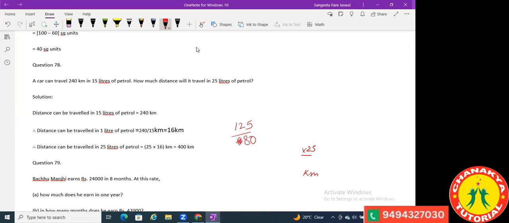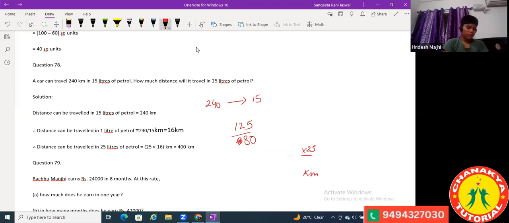What are you doing? The question says the car travels 240 kilometers in 15 liters of petrol.